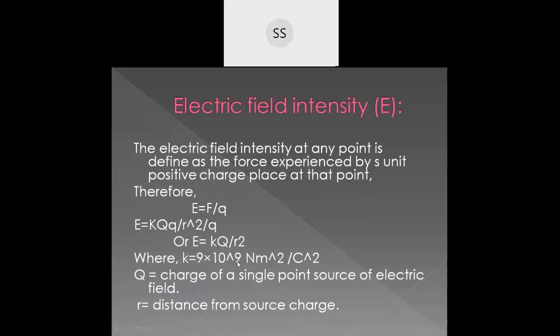Capital Q is the value of the source charge, and R is the distance of the point charge from the source charge. Okay, now we have understood.